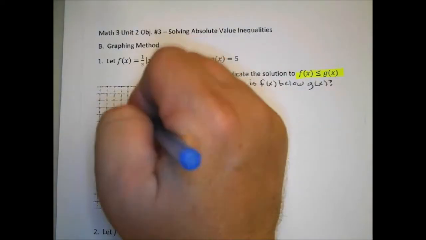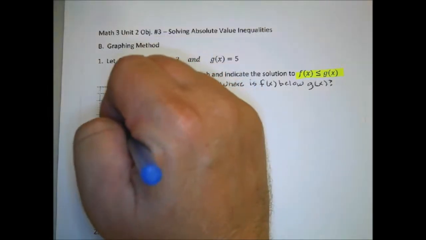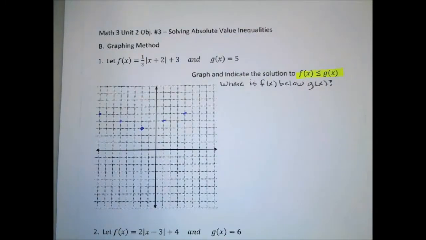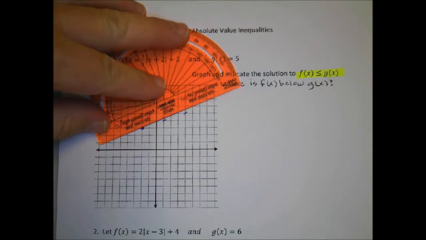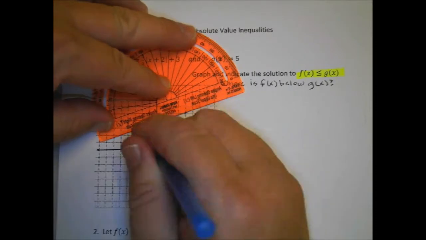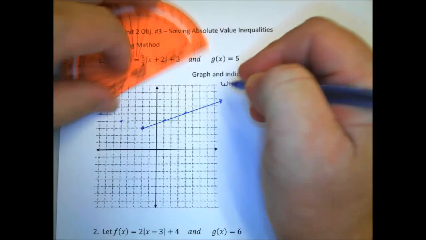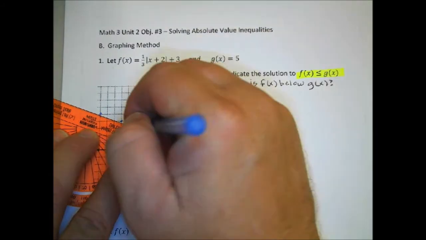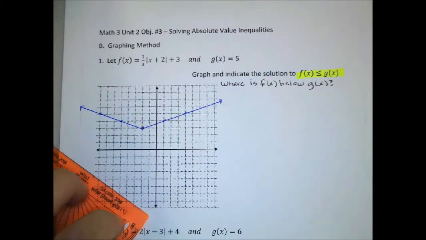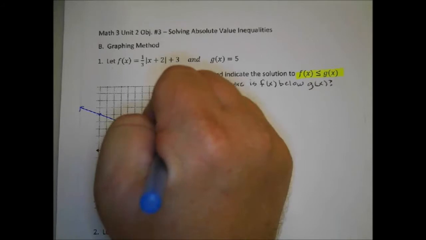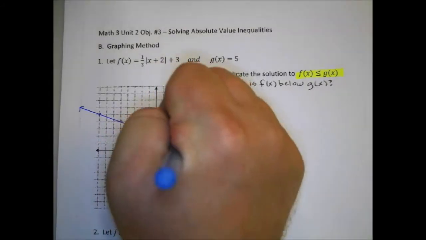And then do the same in the other direction. So those are enough points for me to have a really good idea of where that V is going. So there's the f of x function, and I'm going to label it f of x.